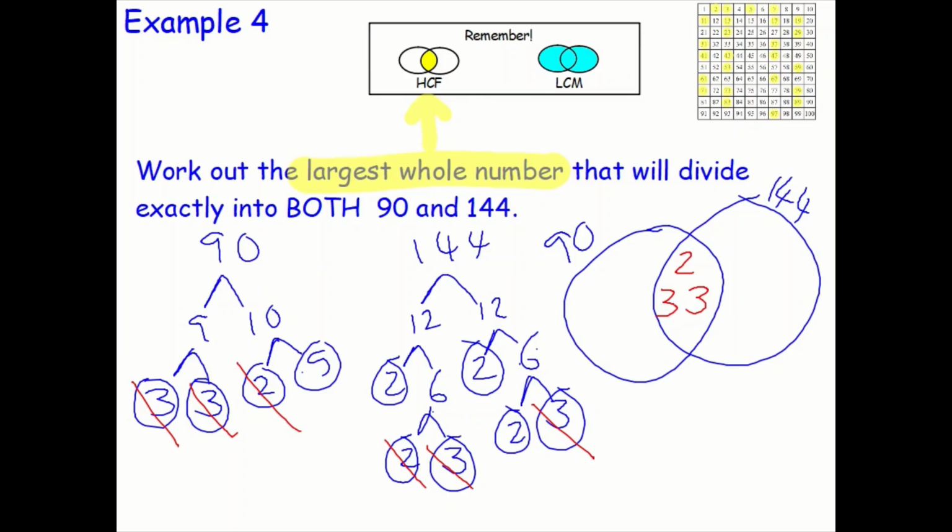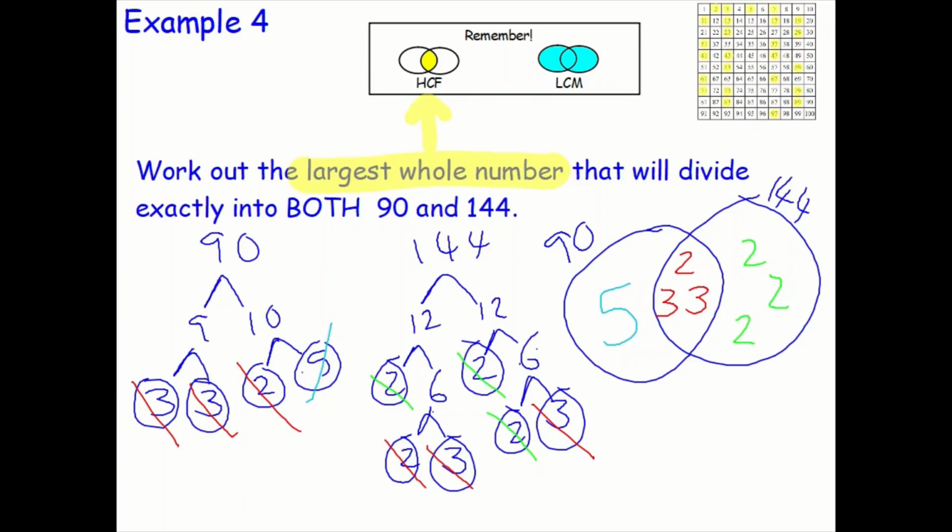And is there anything else that is common? No. You can fill in the other bits if you wish, but actually we know we've only got to find the highest common factor, but I'm just going to put them in anyway. So the 5 goes there, and we've got a 2, a 2, and a 2 there.